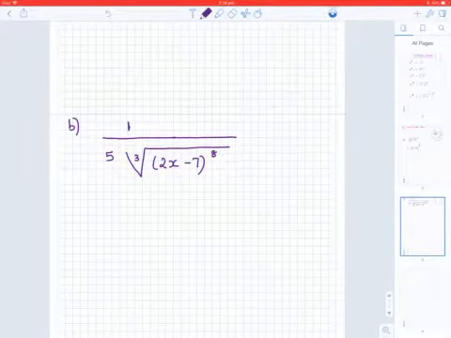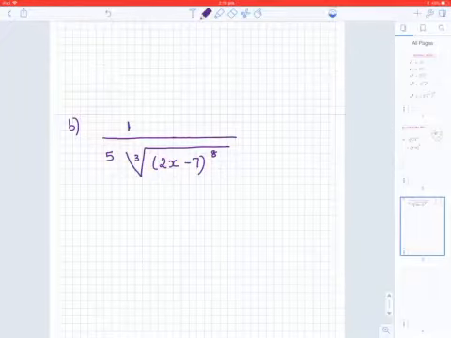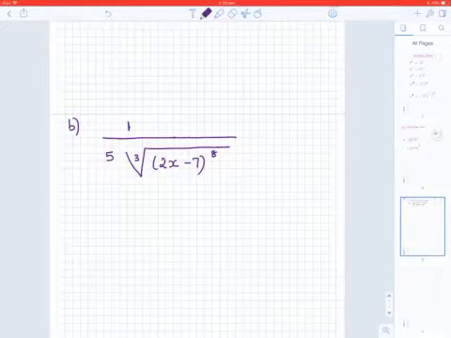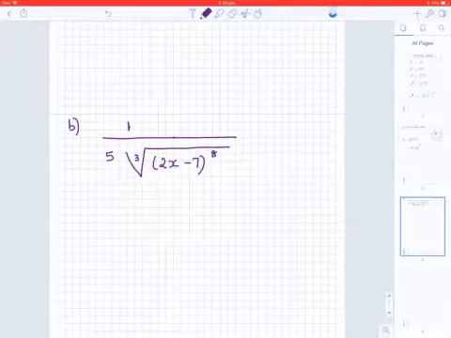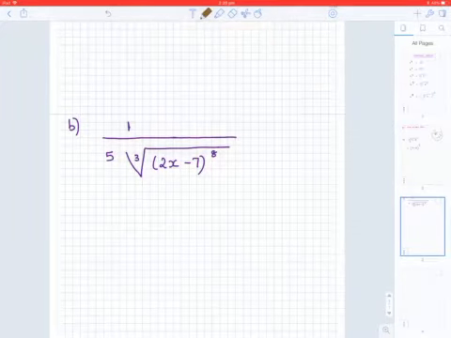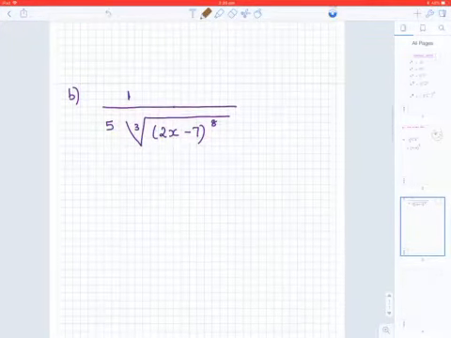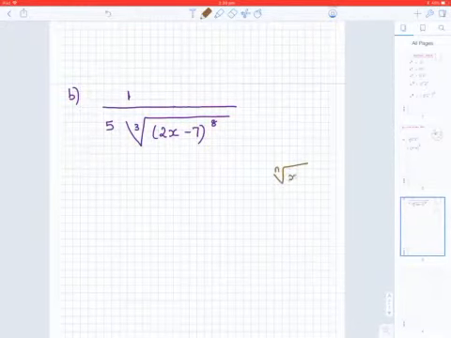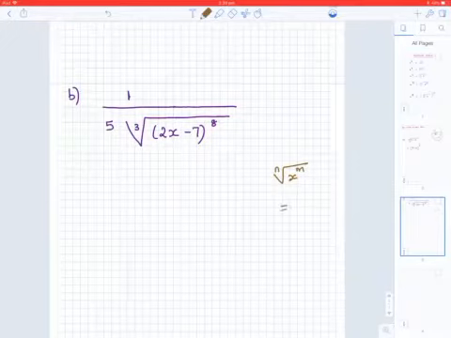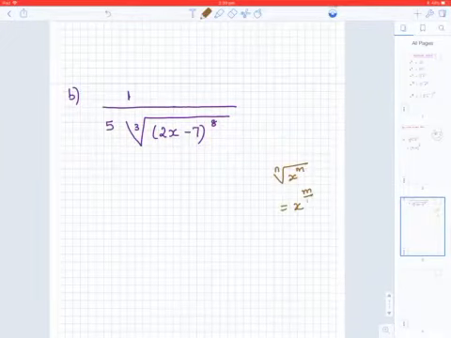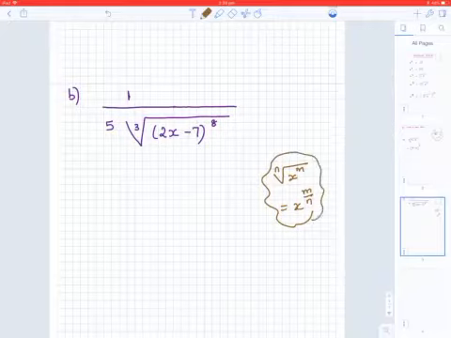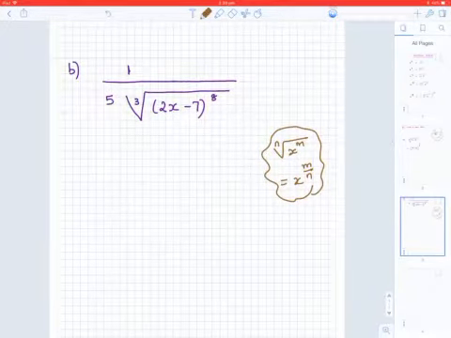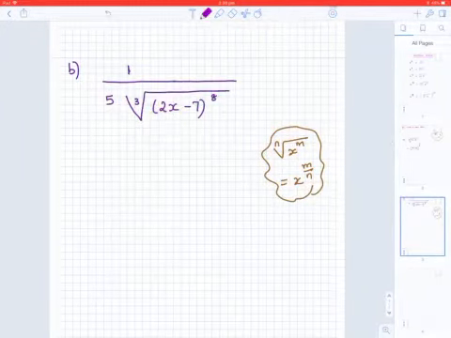Okay, so my question is, still we are writing in index form, but this time the question is 1 divided by 5 times cube root of 2x minus 5 to the power 8. Okay, so we have to do a couple of things. First, the rule I'm going to use is the one we have seen: nth root of x power m equals x to the power m over n.